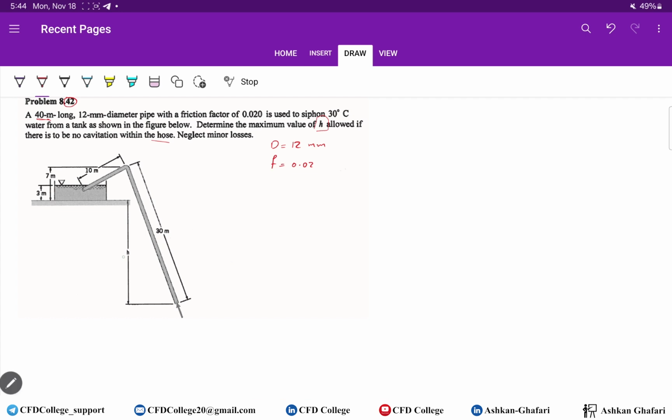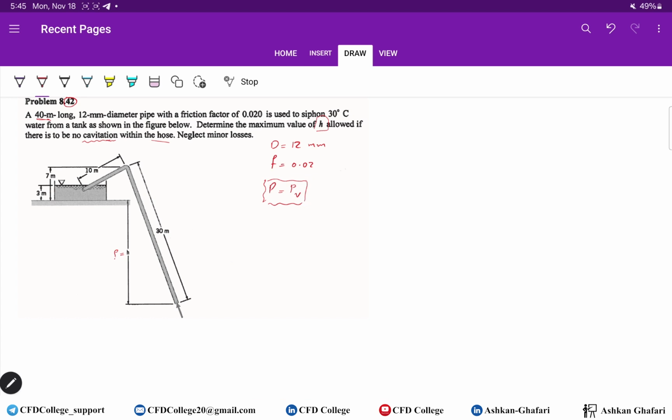So this is H. We have to find the maximum value for this, and we shouldn't have cavitation. So cavitation should not occur. As you know, cavitation occurs when the local pressure decreases to the value of the vapor pressure, PV.